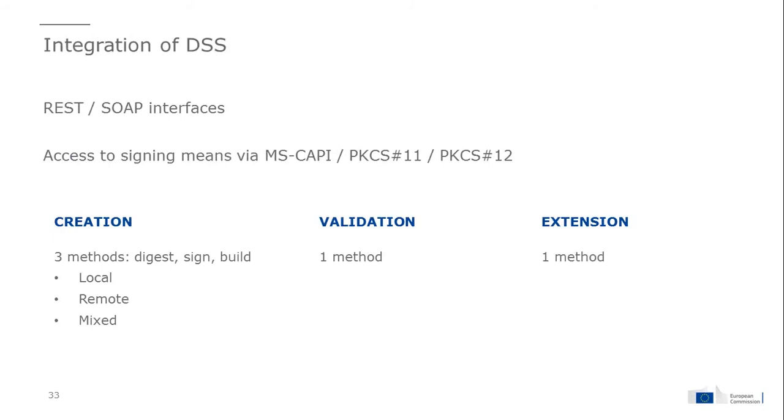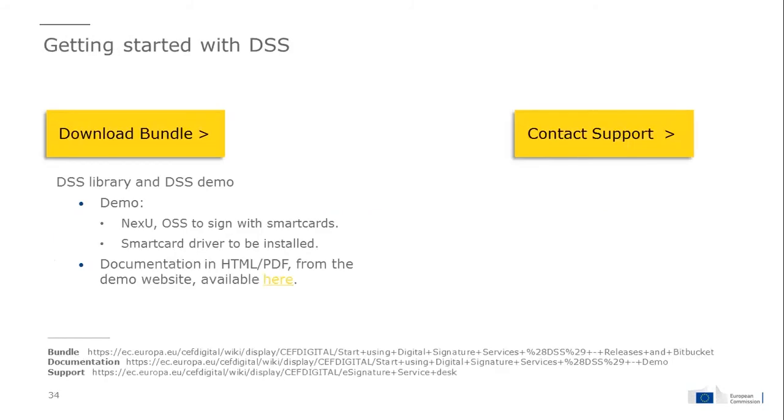What we want to show you today is how to get started from the bundle we prepare for every release. What we will show in the later slides is how to download the bundle, start this bundle, and then how to get support from us if you need to.